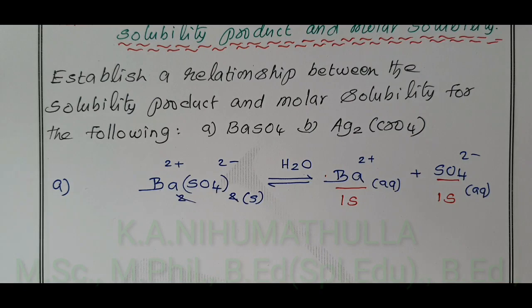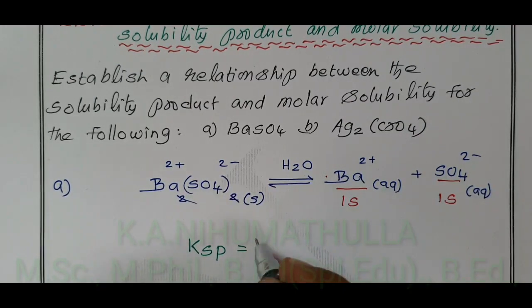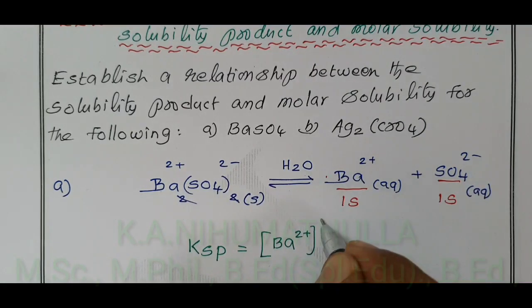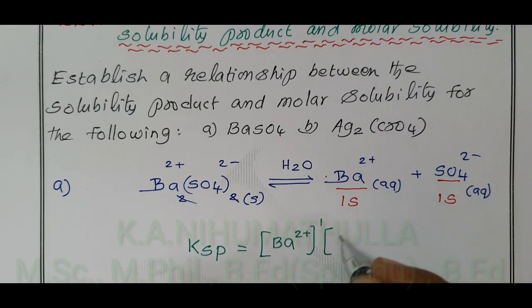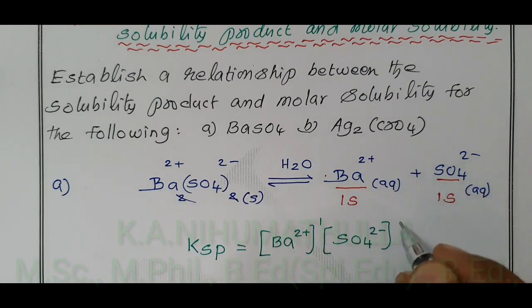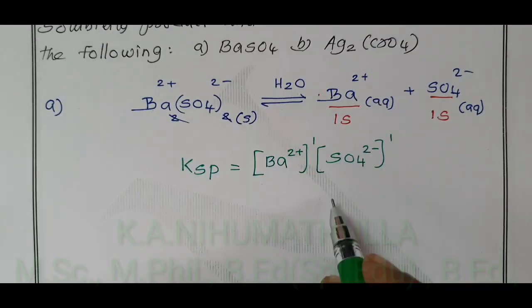Now I am going to write the solubility product, K solubility. What is the formula? It is equal to the concentration of Ba 2 plus to the power of its stoichiometric coefficient 1, into the concentration of sulfate 2 minus to the power 1, divided by the concentration of the solid, which is a constant equal to 1.